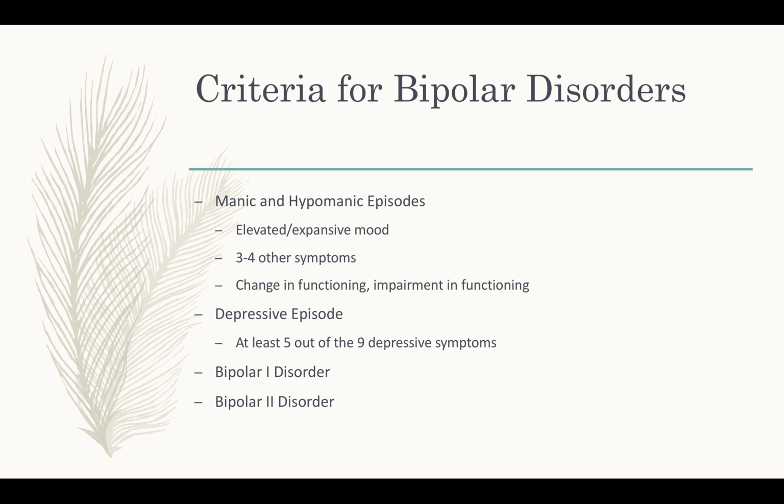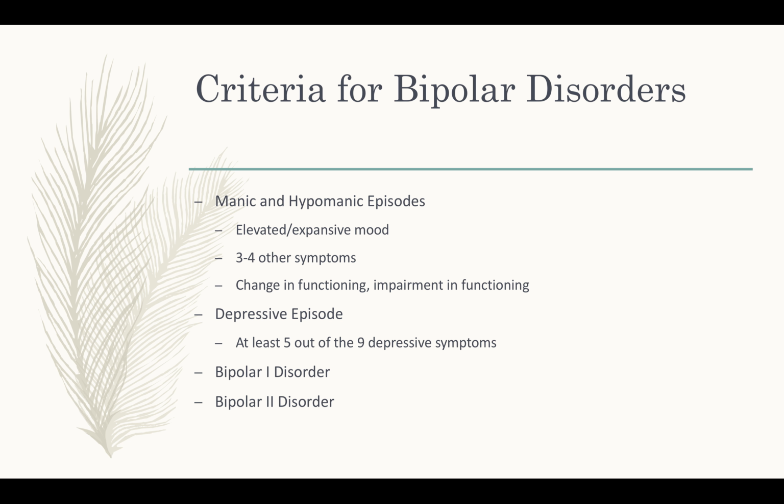So what are some criteria that have to be considered when we're looking at a diagnosis for bipolar? Well, first, there have to be manic or hypomanic episodes. Okay, so a person has to be experiencing those extreme swings of euphoria, extreme levels of energy, and it has to include some consideration of their level of functioning and the impairment in the functioning, okay?